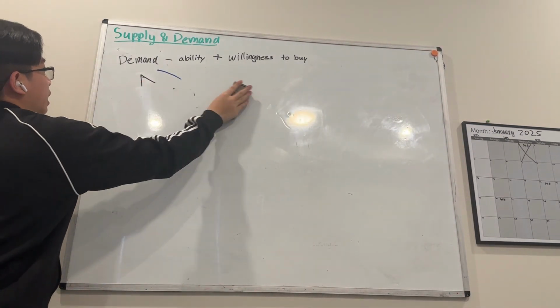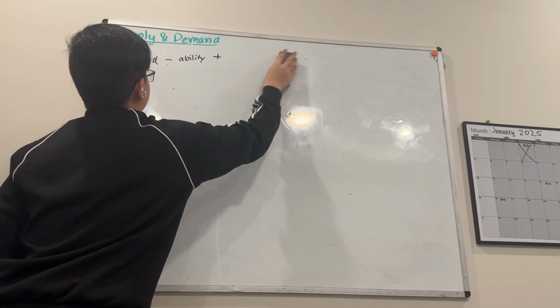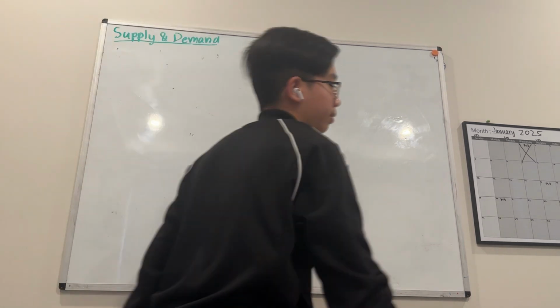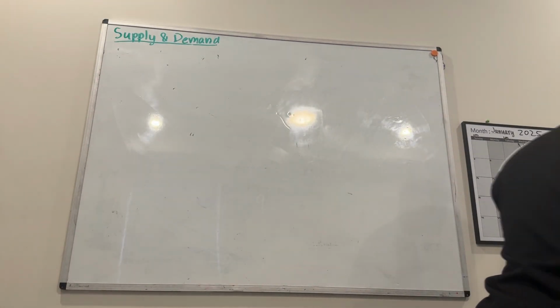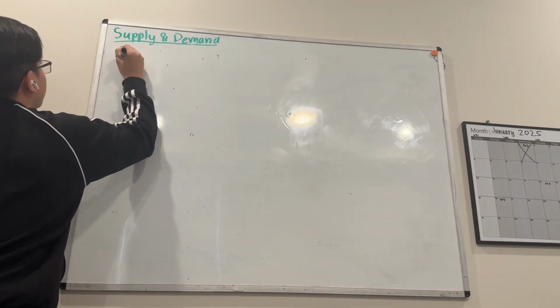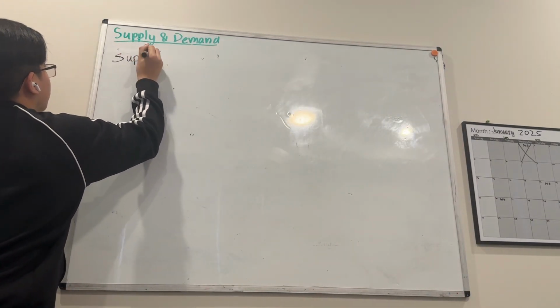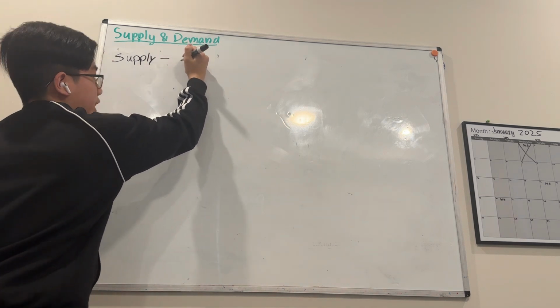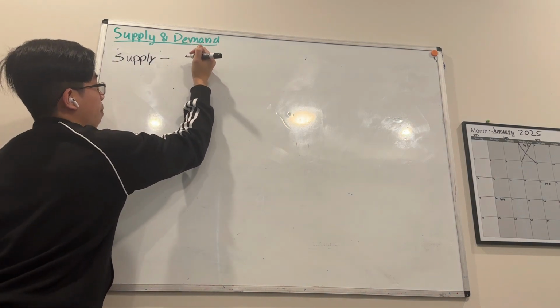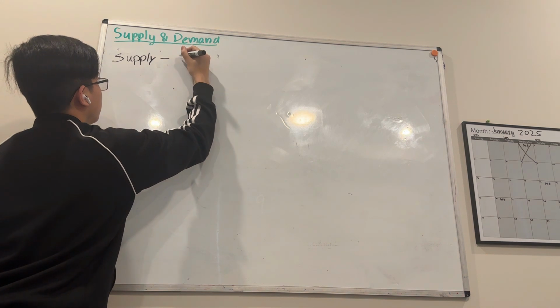Now, supply. Supply is like the exact opposite of demand. Supply is the ability and willingness to make a good, to supply a good.